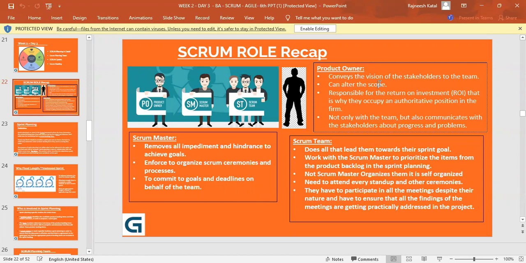So what he can do, he can go to the customer and say, see, in this current sprint, or maybe for this particular time, say for the next 2 months, for the next 2 sprints, we will not be able to work on that because we do not have the resources, or simply that was not earlier mentioned in the requirement, and the customer is asking this upfront. The reasons can be anything, but my important point of mentioning this here is that he is the person who has the authority to change things.